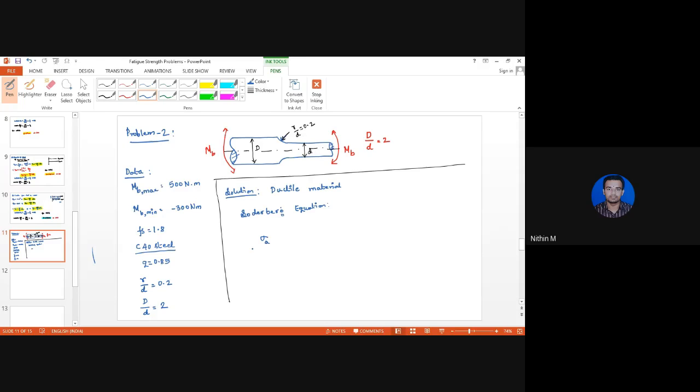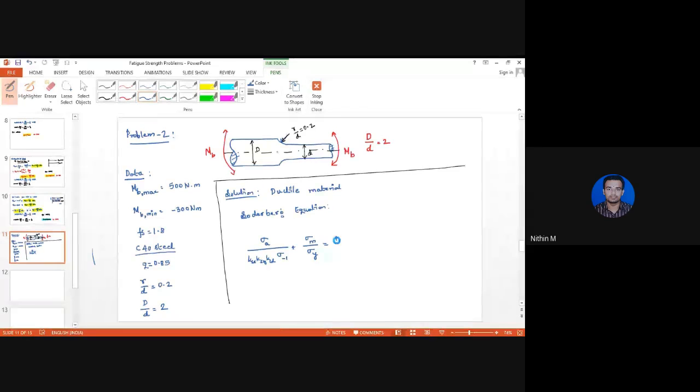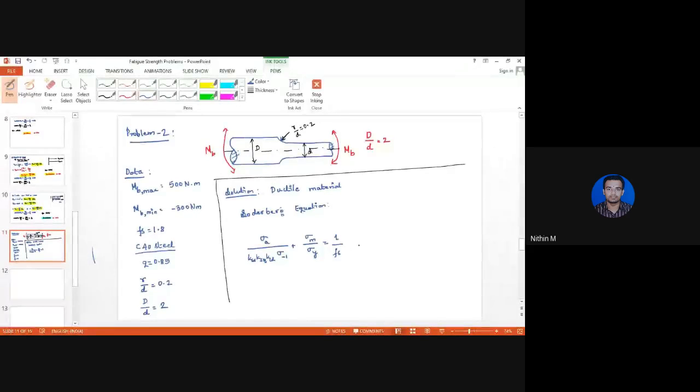Sigma A divided by KSR KSZ KLD times sigma minus 1 plus sigma M divided by sigma Y is equal to 1 by factor of safety. As usual, call this equation star.